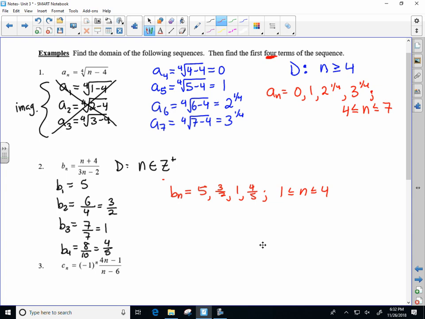So our domain, if there isn't any value of n that'll make it imaginary or undefined, this is what our domain's going to be, no matter what. That's the standard. That's our real number system for this unit. But in number 3, we see that there's a value of n that'll make it undefined. Yes, of course. So then we have a problem there, and that problem would need to be addressed.